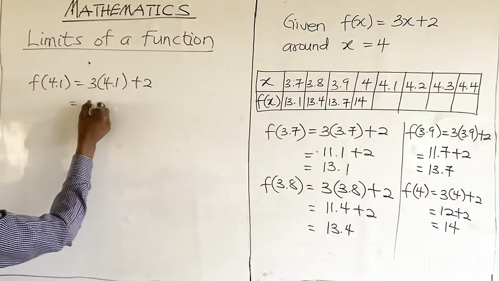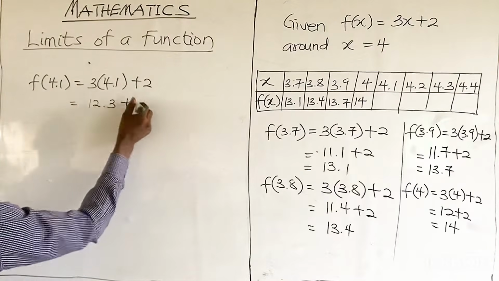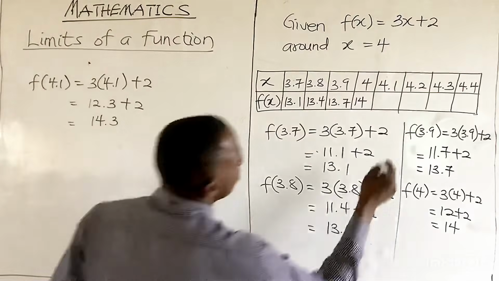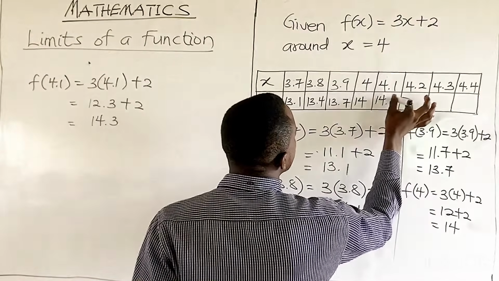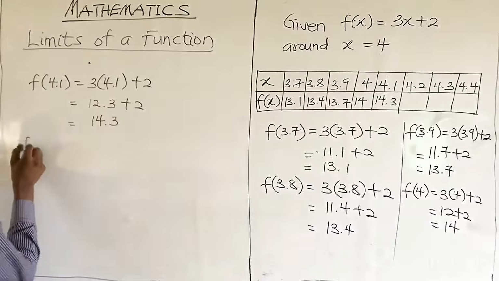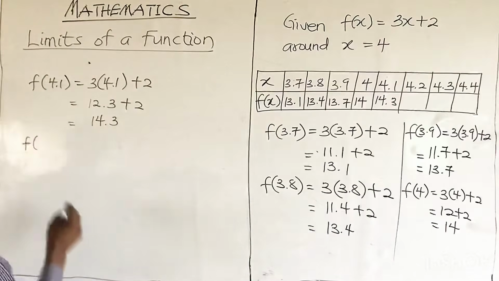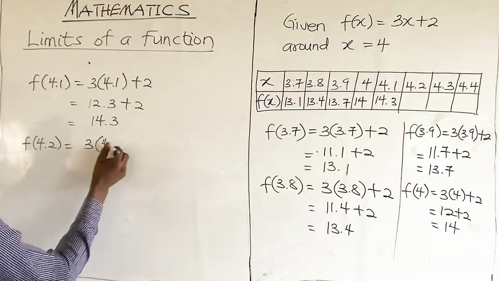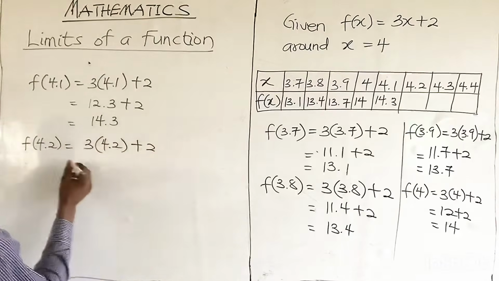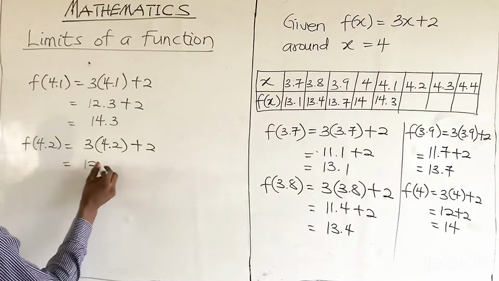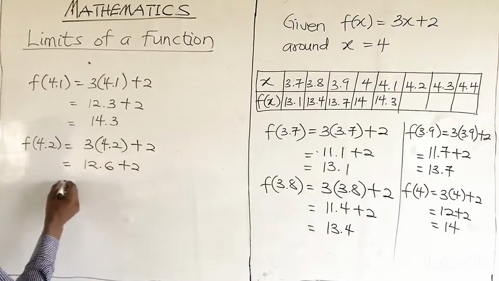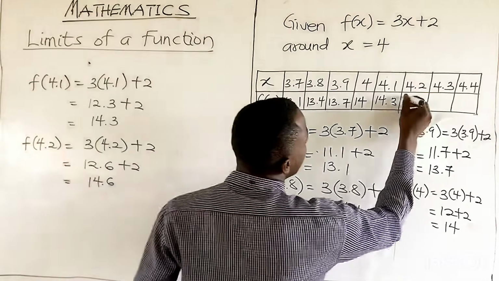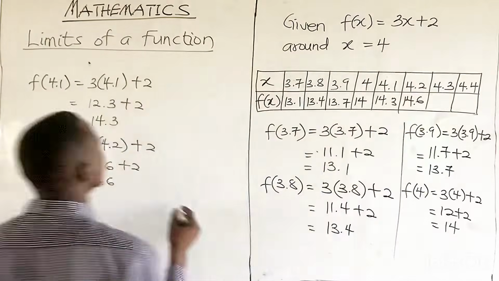We have 12.3 plus 2, and we get 14.3. When we substitute 4.2, 3 multiplying 4.2 plus 2, we have 12.6 plus 2, and we get 14.6.